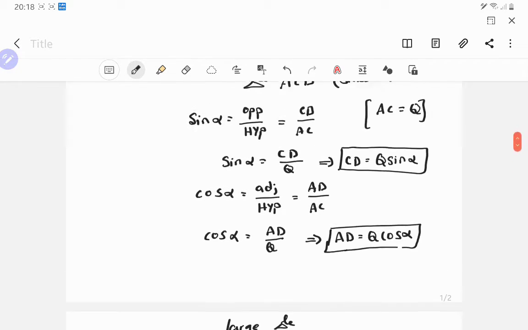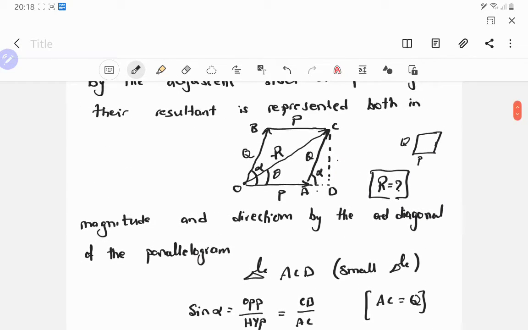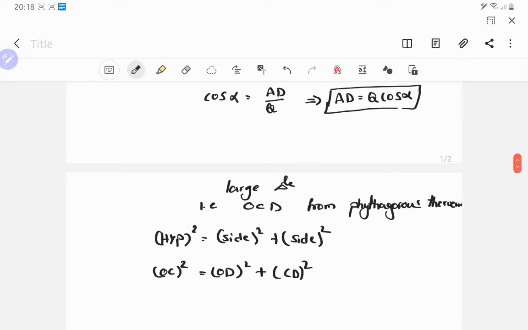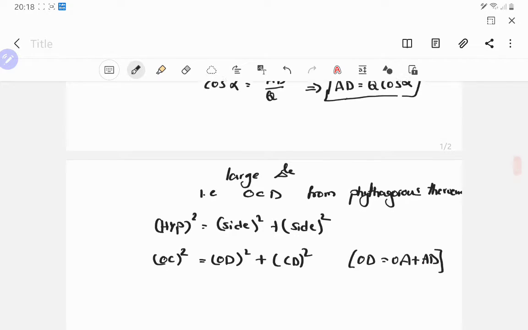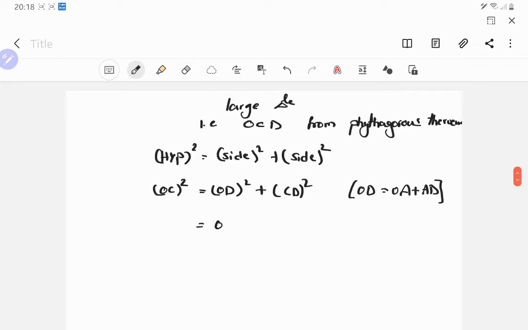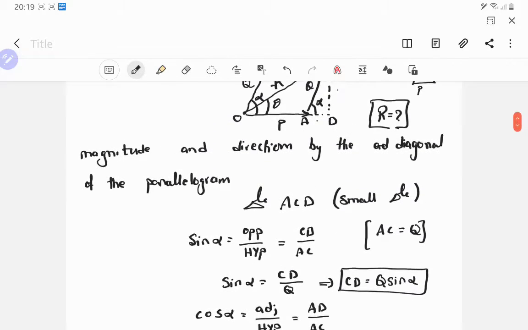Now if you see here, OD is equal to OA plus AD. OC square is equal to OA plus AD whole square plus CD whole square.